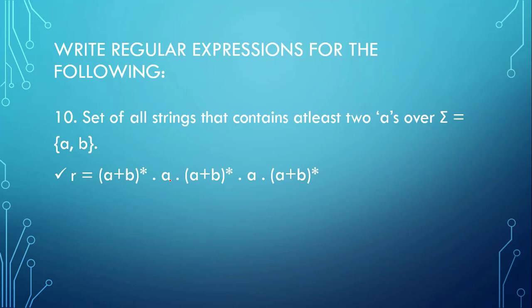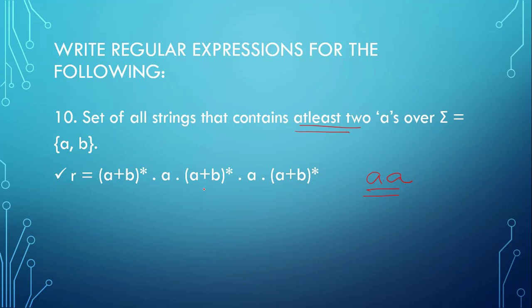Now here we had already solved the one that contains aa, right? Here it says contains at least two a's. It has not mentioned that they should come one after the other, that is, a dot a is not the condition that they have mentioned.